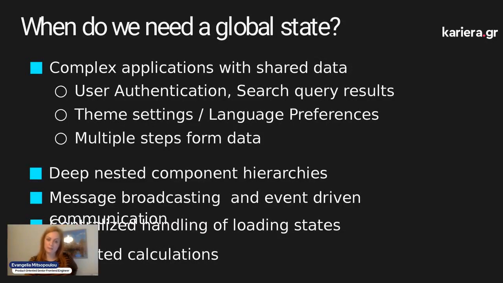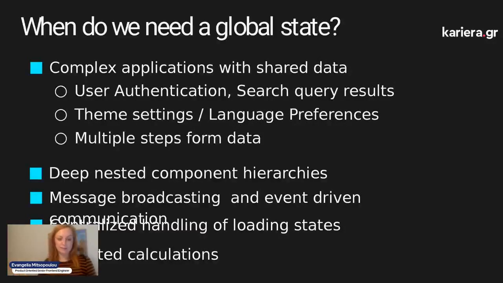Also, we would need global state when we have very deeply nested components. The markup has become crazy. We all know how complicated it can be. Not complicated, but super nested. And when we have very many different levels, it's not ideal to do props drilling.